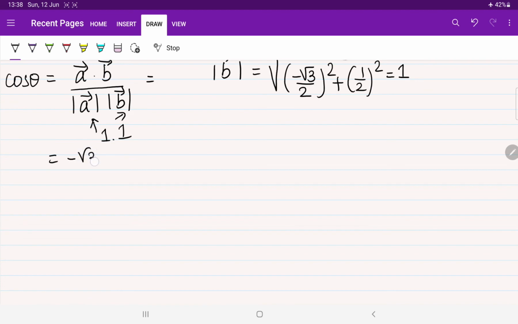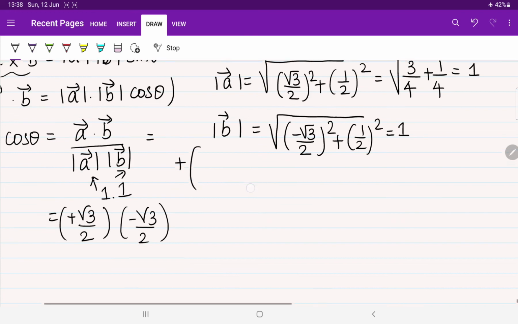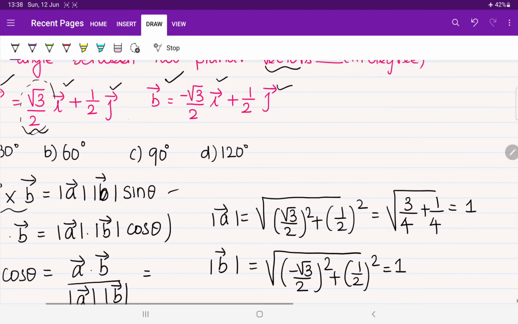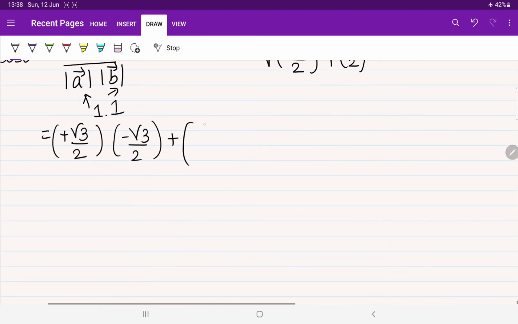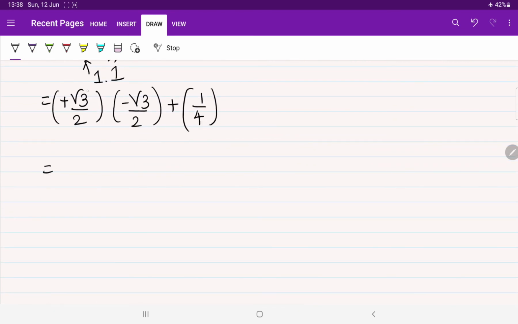Let me write plus root 3 by 2 into minus root 3 by 2, that is i dot i, plus j dot j, 1 by 2 into 1 by 2, right? Both are 1 by 2, so it becomes 1 by 4. Simply you can write down the answer. Root 3 into root 3 will become 3, but minus, 3 by 2 into 2 will become 4, so minus 3 by 4 plus 1 by 4. What will you get here? It will become minus 1 by 2.